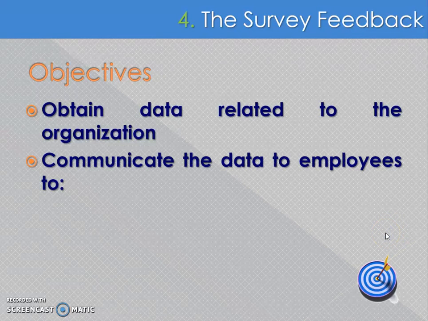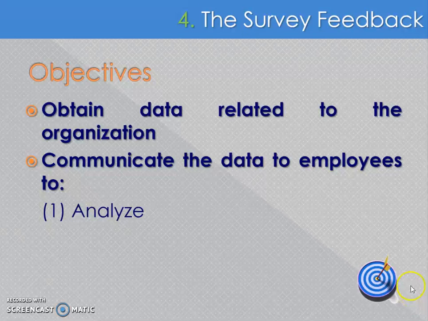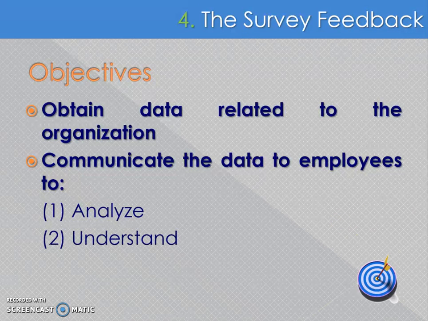The other objective is to communicate the data to employees. In this communication, we'll be able to analyze deeply and to understand better the problems detected. We will also answer the questions that employees have about the results of the evaluation, and will propose more specific improvement actions.